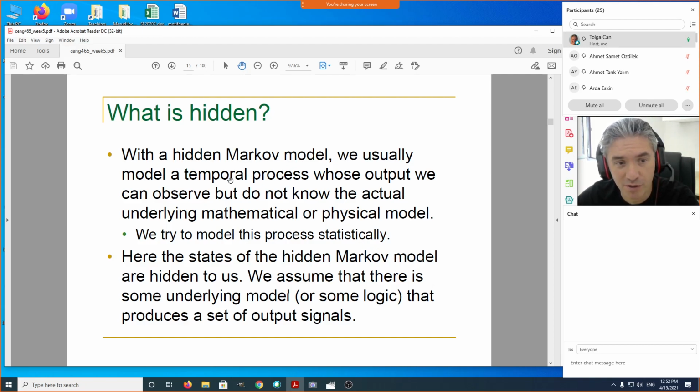Okay, so we usually model a temporal process, a process that changes with time, like the zebra's behavior in a day, what it's doing every hour. And usually we observe the actions, but we don't know the actual underlying mathematical or physical model, but we may have built that behavioral zebra model from data that we have collected, and we may have found a model that fits it best.